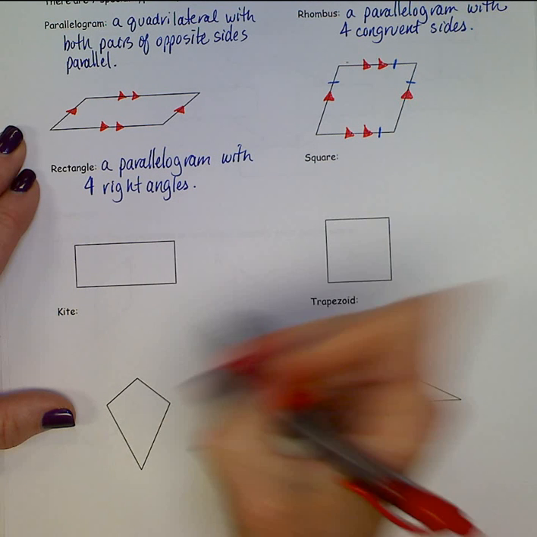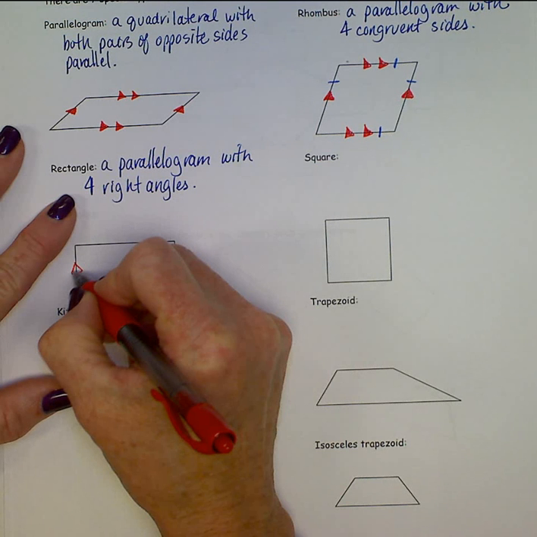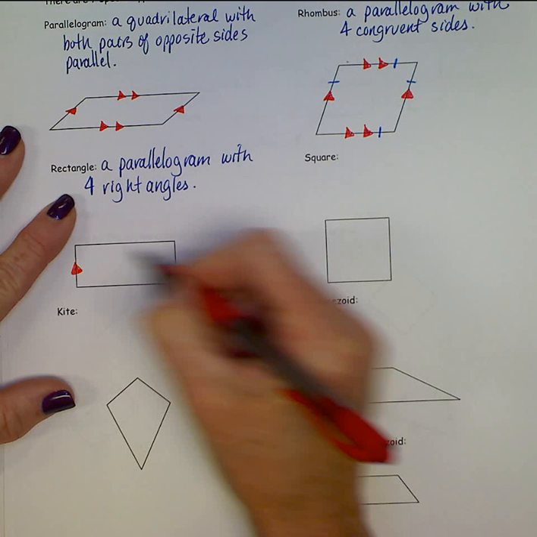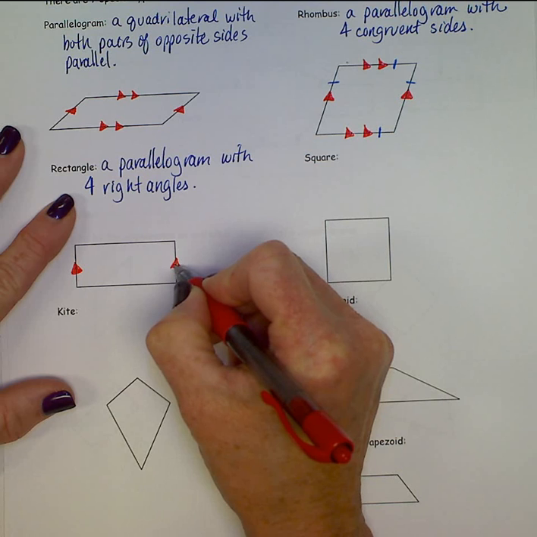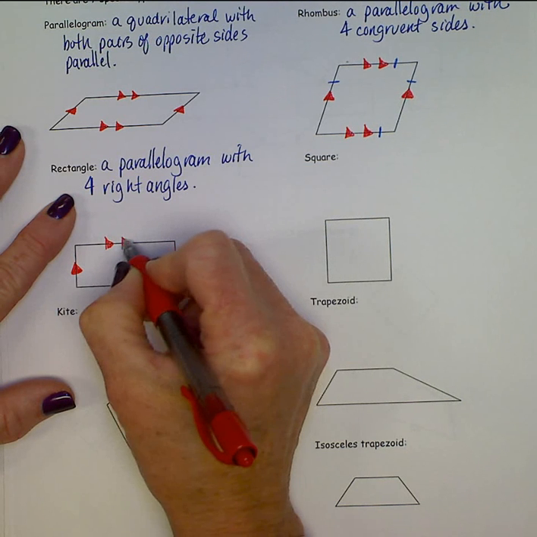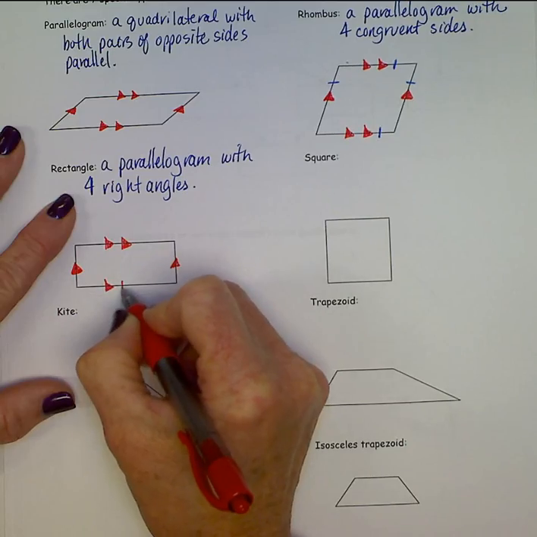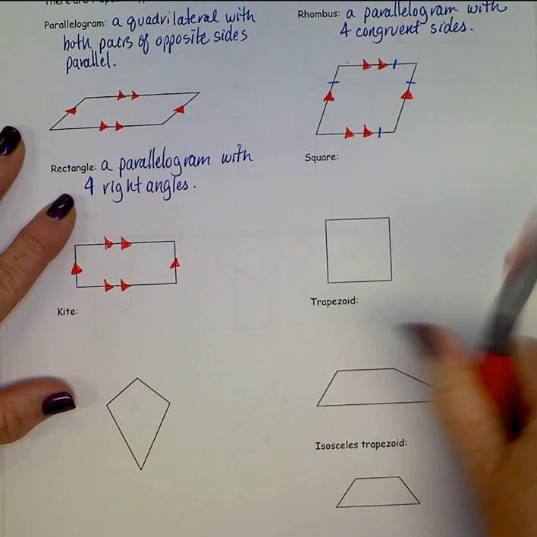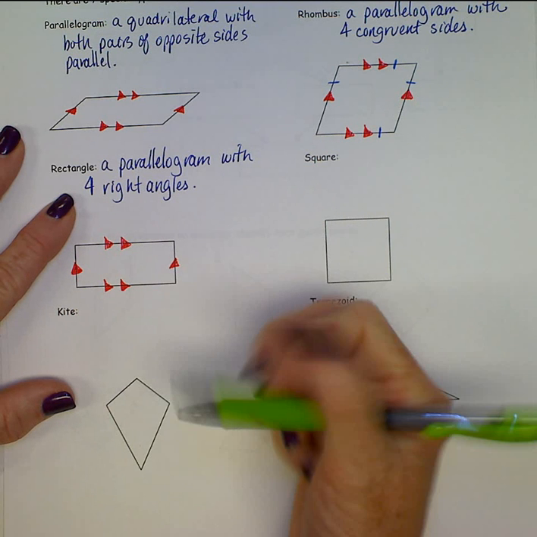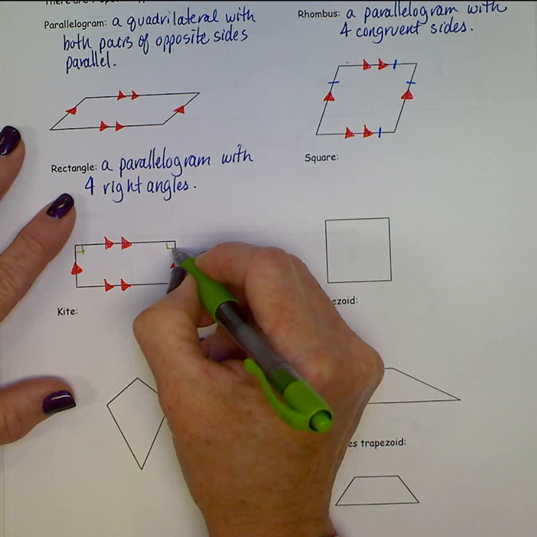So again, just like the rhombus, since a rectangle is a parallelogram, it has parallel sides, so we can go ahead and put those markings in. And it has 4 right angles. We can mark those 4 right angles.